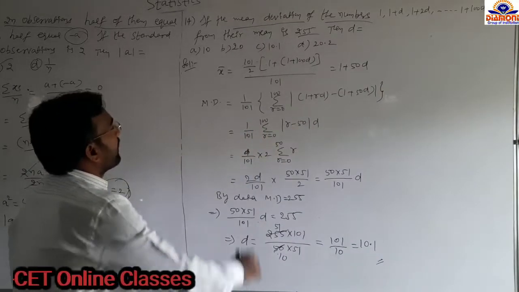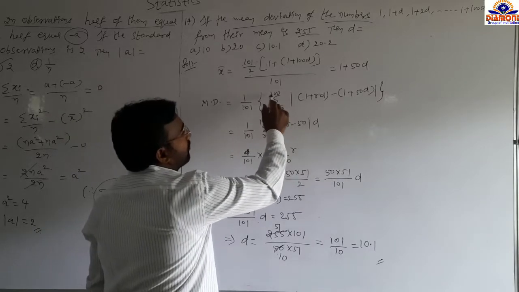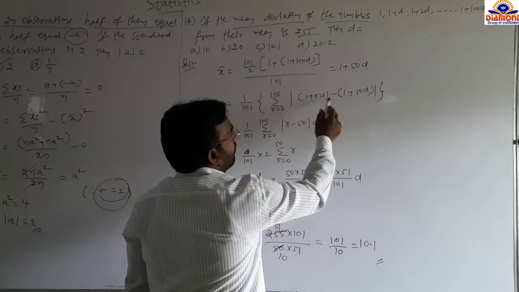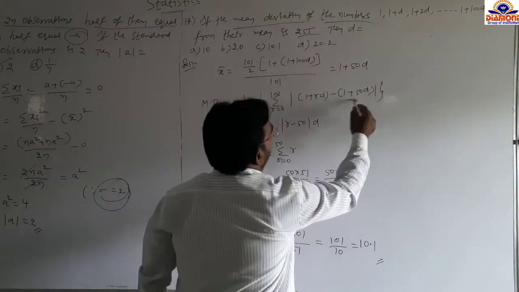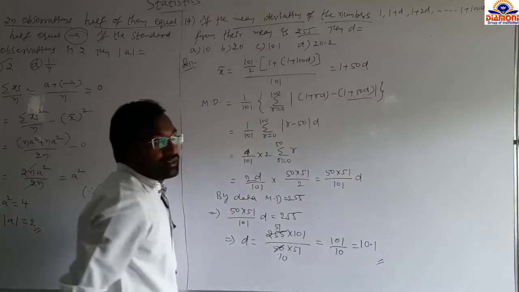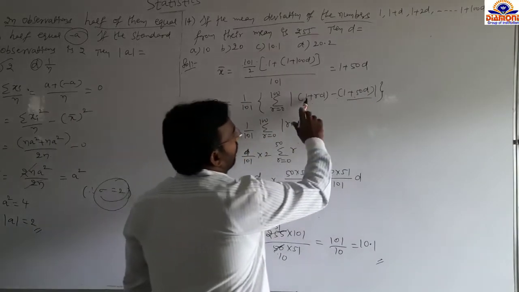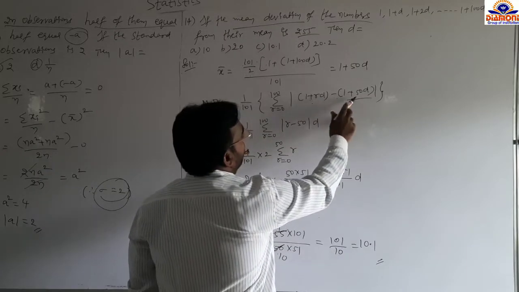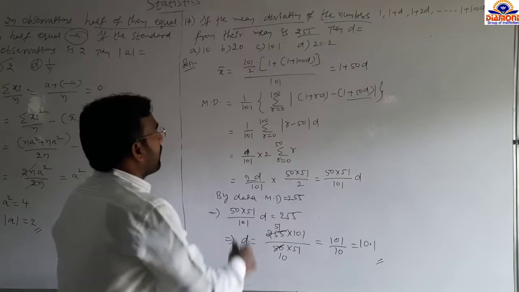Next, mean deviation is 1 by 101 of summation r equal to 0 to 100 of (1 plus rd) minus (1 plus 50d). So this is xi minus x bar, that means modulus of xi minus x bar. So 1 cancels, and we get modulus of (r minus 50) into d. So d comes outside, d by 101.